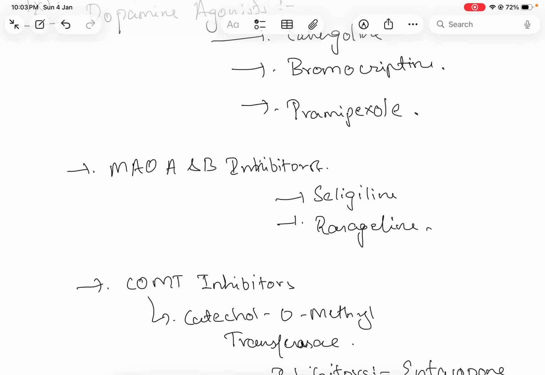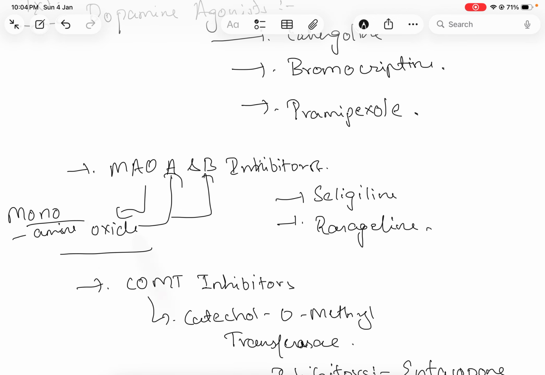There are two enzymes present in our brain, A and B, and these two enzymes help in the degeneration of dopamine.